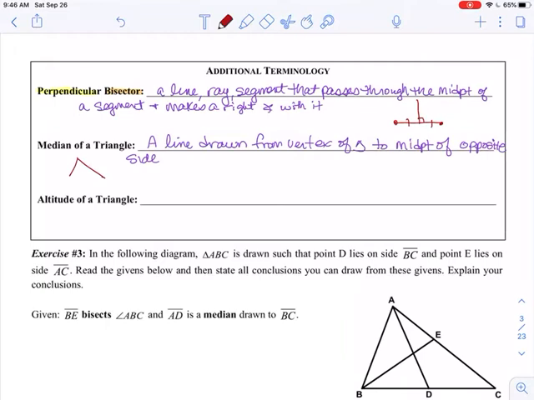And what does that look like? So I have a triangle. It's a line drawn from the vertex to the midpoint of the opposite side. It does the same thing. It cuts that side in half, but it's specifically in a triangle. Does it have to come from the top?